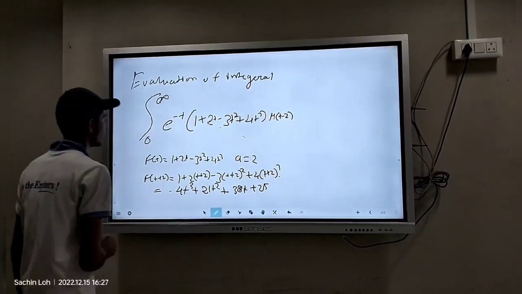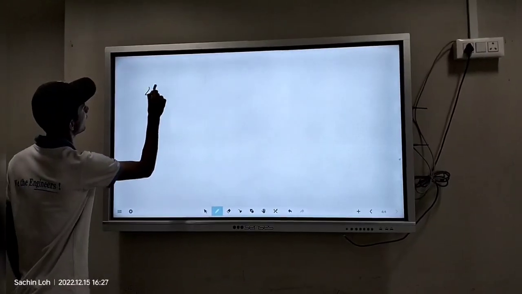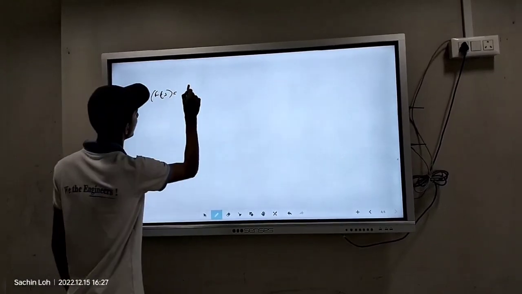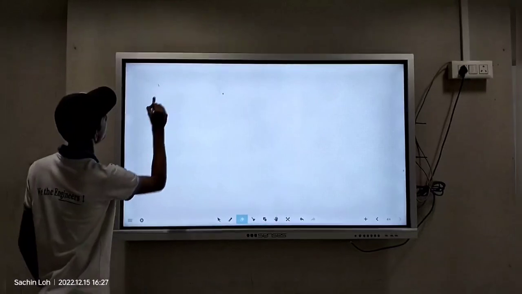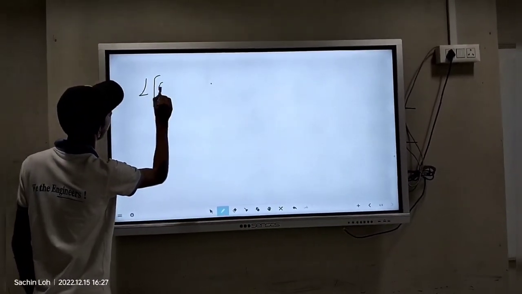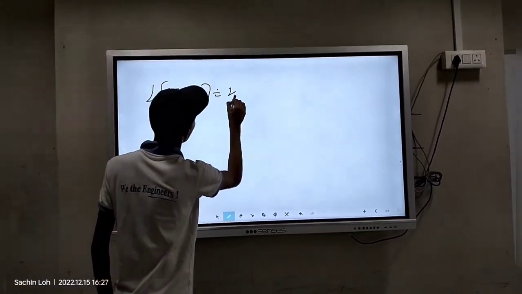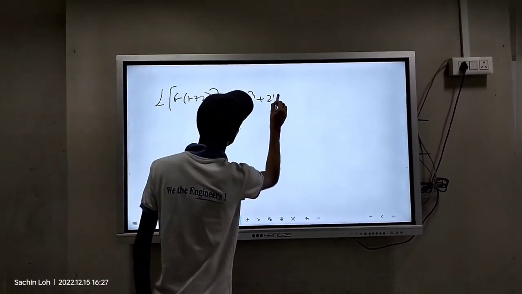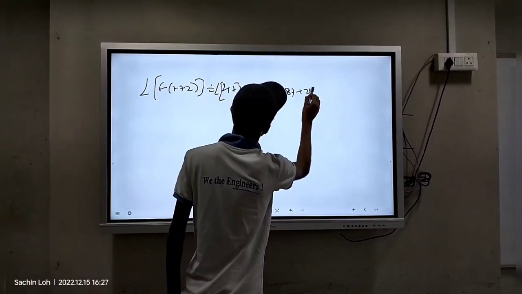Now we take the Laplace of this equation, the Laplace of f of t plus 2. We take the Laplace of each term separately: 4t cube plus 21t square plus 38t plus 25.